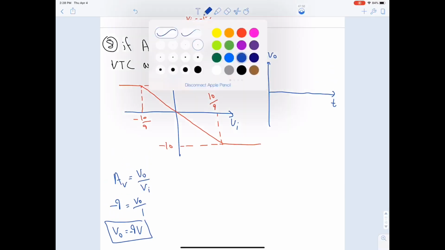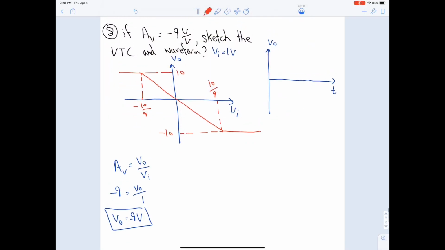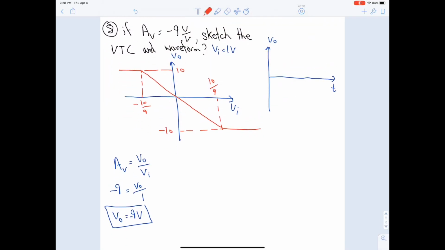So how do I sketch this? Notice here it's minus 9 volt. So what should I do with the minus? If you have a minus sign in front of the voltage and you need to sketch it, you have to start from the bottom.